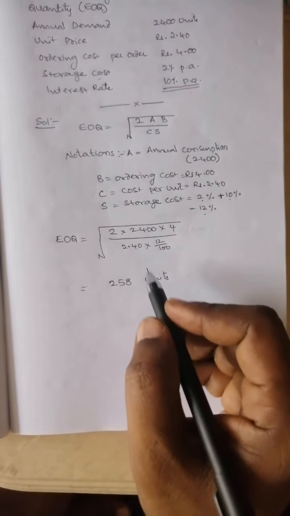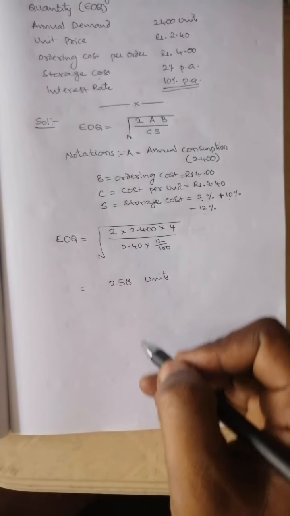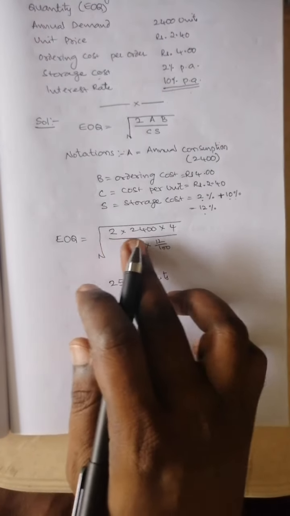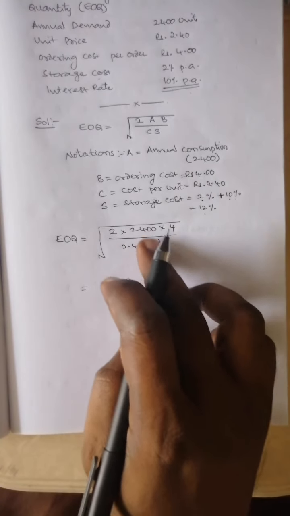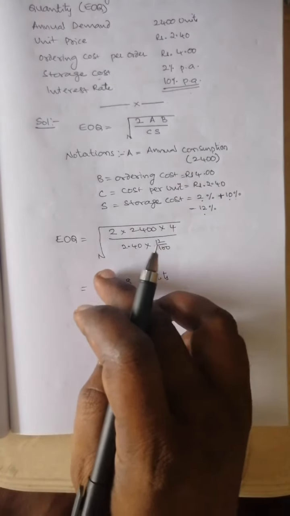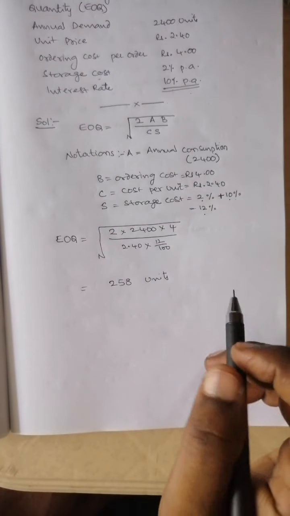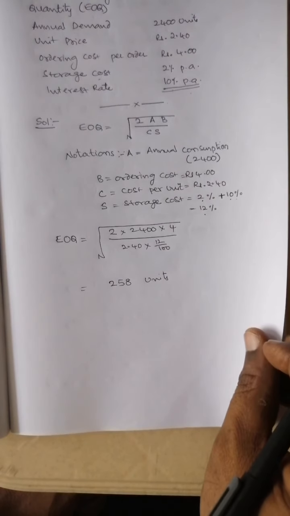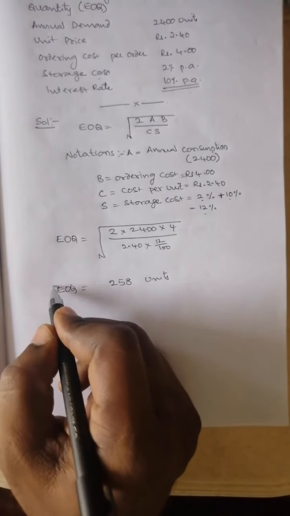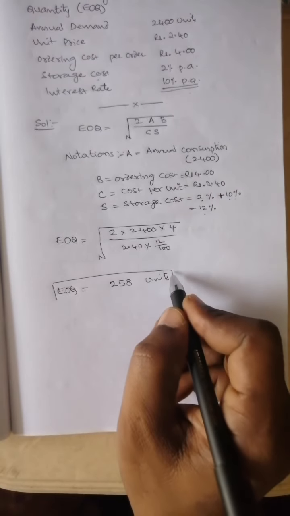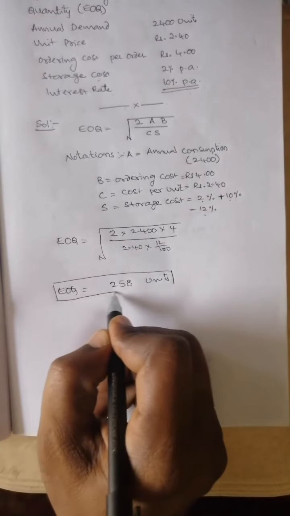But in the examination you have to show at least 2 to 3 further steps, like 2 into 2400 into 4 by this value, again divide this, and finally find the value with the help of the under root, which is 258 units, the EOQ asked by the examiner.